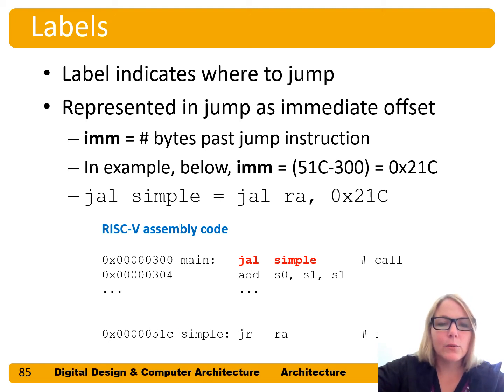In this case, we're jumping to a label at hex 51C. The difference between hex 300 and hex 51C is hex 21C. And so that's what's going to be encoded in the immediate field of that instruction, the relative address of the target instruction. So the target instruction is where the label is.